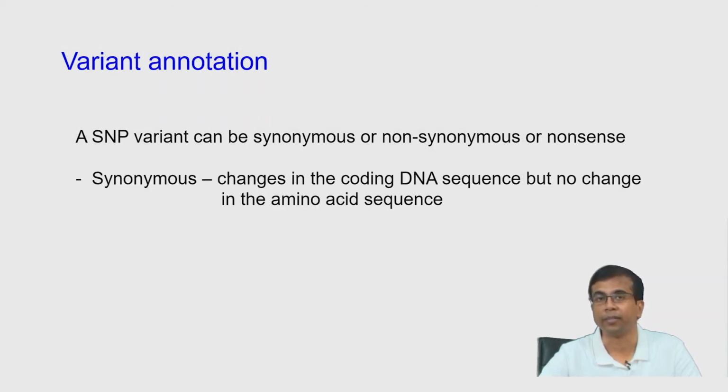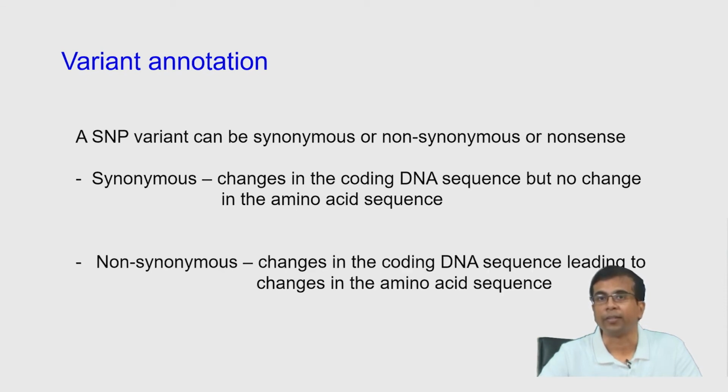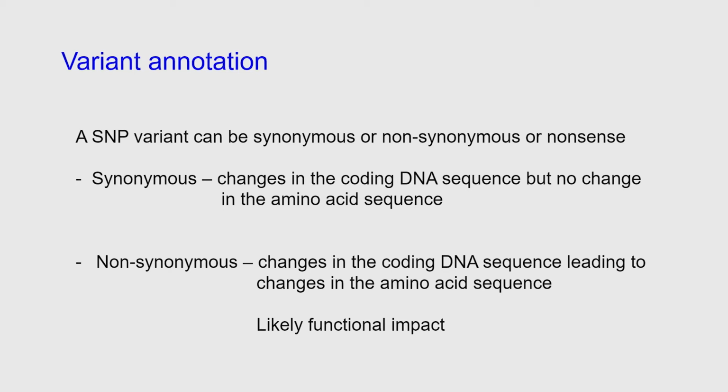So, synonymous means there is a change in the coding DNA sequence, but no change in the amino acid sequence. It could be non-synonymous, meaning there is a change in the coding DNA sequence leading to a change in the amino acid sequence. Okay. So, these variants are likely to have functional impact.